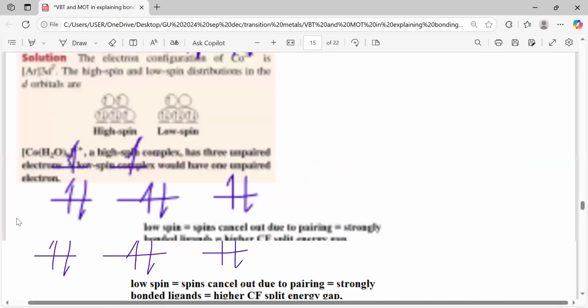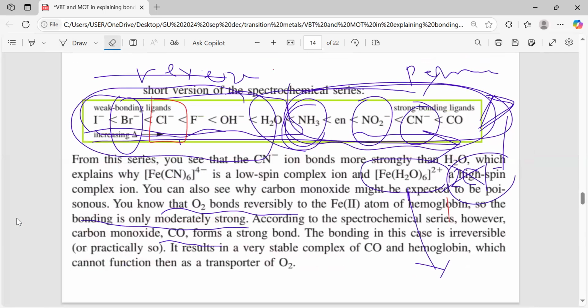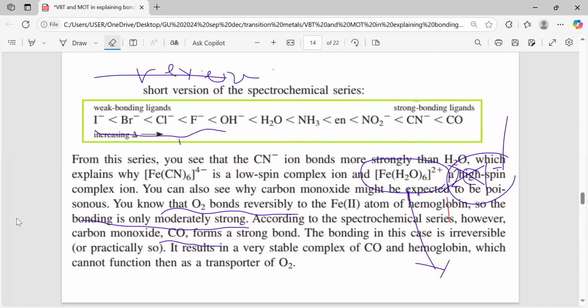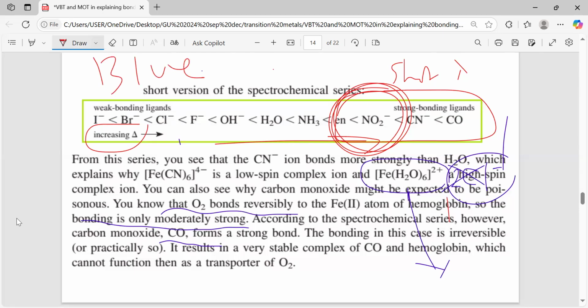Which ones are causing bigger splits? Water, cyanide, and so on. Okay, so here they are. These are causing bigger splits. Remember, increasing split like that. And when they cause bigger split, what do they cause? Absorption of short wavelength. And when you absorb short wavelength, it means you are absorbing the blue color. And if you are absorbing the blue color, it means my complex will be red in color.